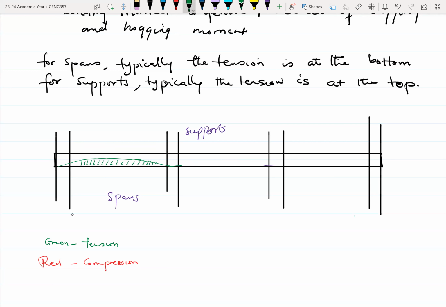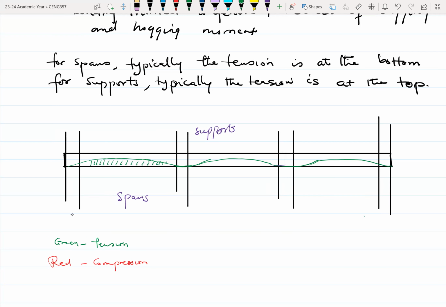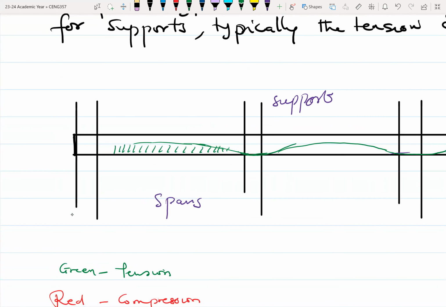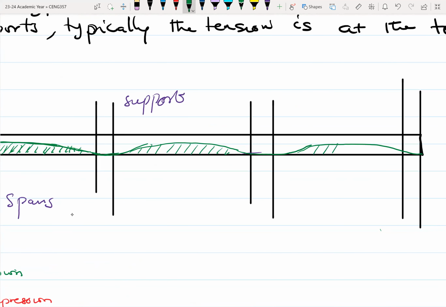Let me draw this well. It comes down, then it goes up, then it comes down, it goes up, and it comes down. Okay, so this is a tension zone. This is a tension zone. All right, so that's how we're able to identify the tension zone.